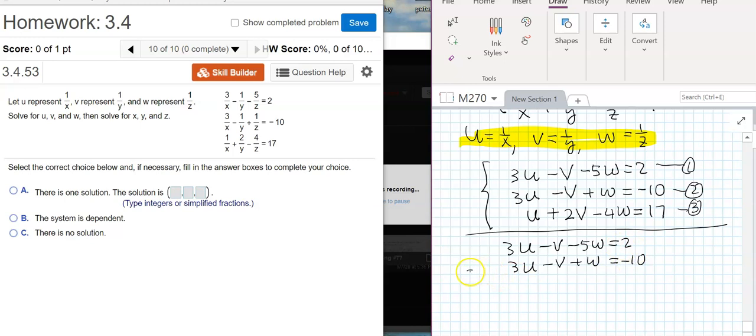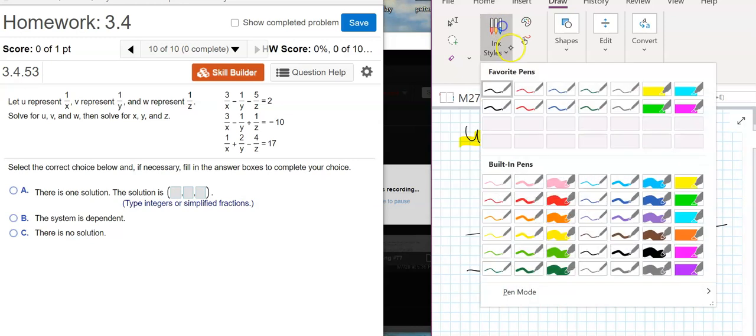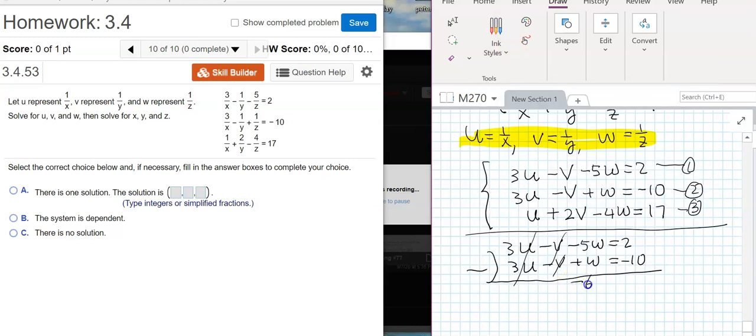So when I subtract, the 3u and the v cancel. So I get negative 6w equals 12. Divide by negative 6, and I end up getting w equals negative 2.